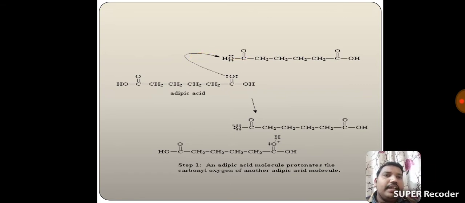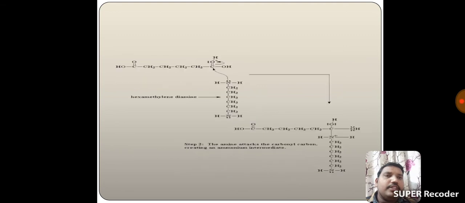We get the step 1 reaction, that is, the step 1 adipic acid molecule forms a positive site. Next, this positive site interacts with hexamethylene diamine. In step 2, the amine attacks the carbonyl carbon, creating the ammonium intermediate. This is the step 2 reaction.